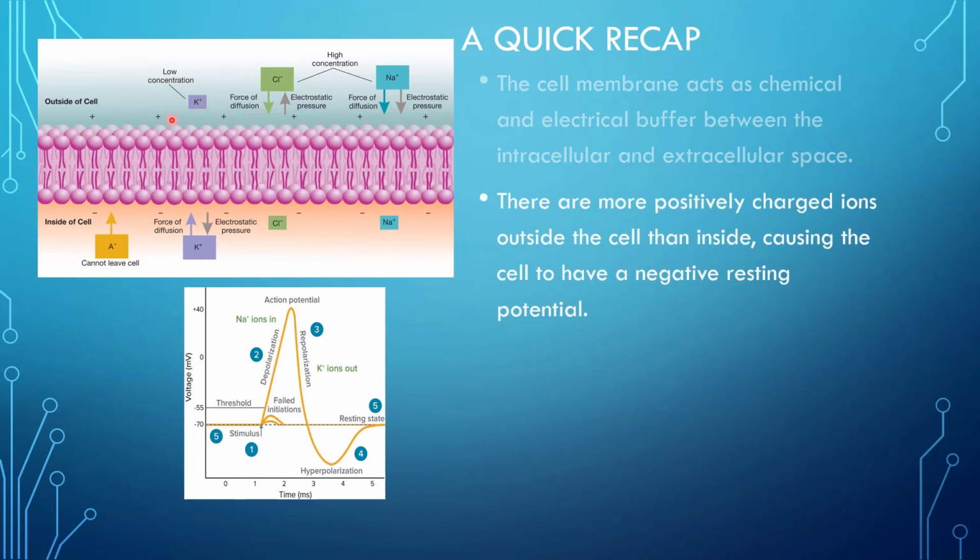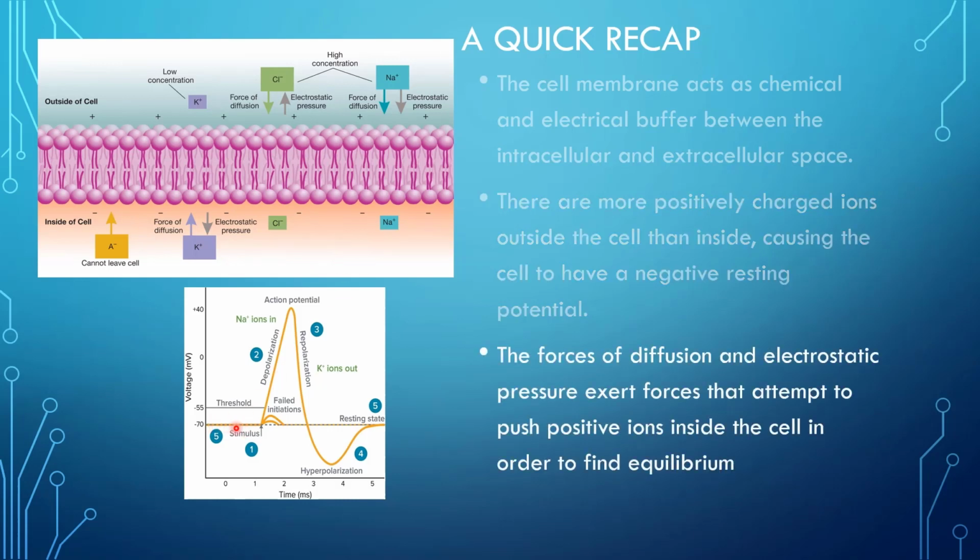So the sum of all of these causes the inside of the cell to have this negative resting membrane potential that we see in the action potential. And it takes the sum of these two forces to push ions from place to place.